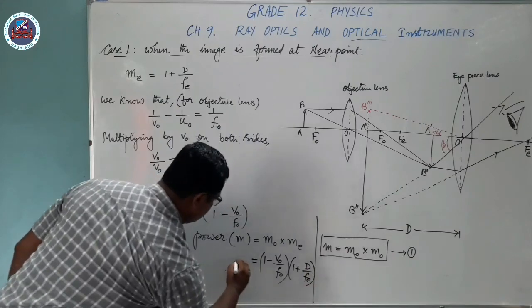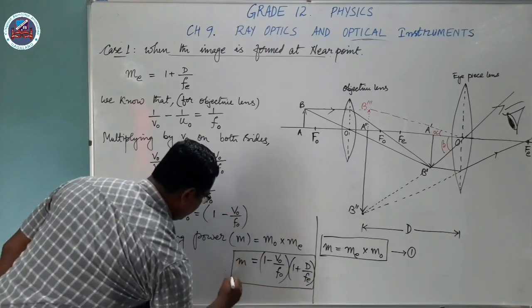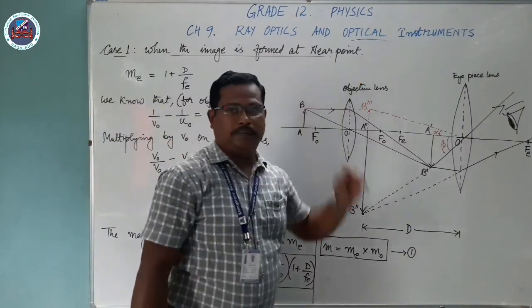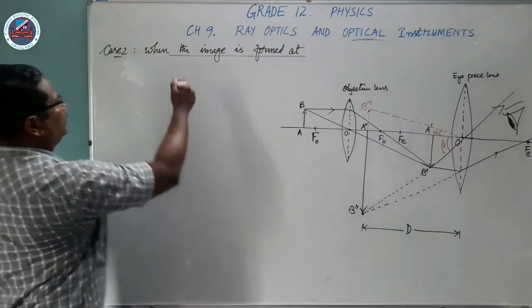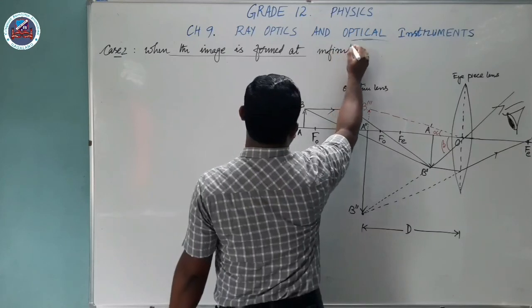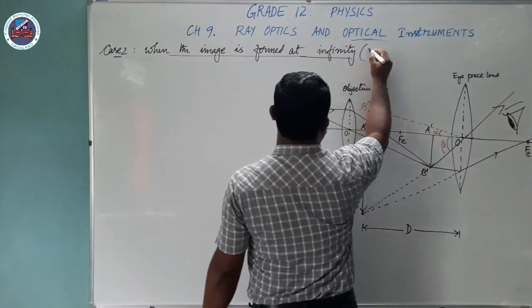So this will give us the expression for magnifying power in a compound microscope when the image is formed at the near point. Now let us see case 2, when the image is formed at infinity. To produce the image at infinity, we call it normal adjustment.